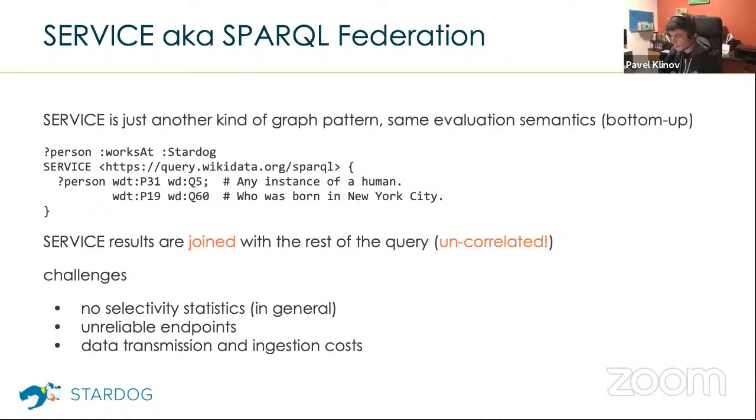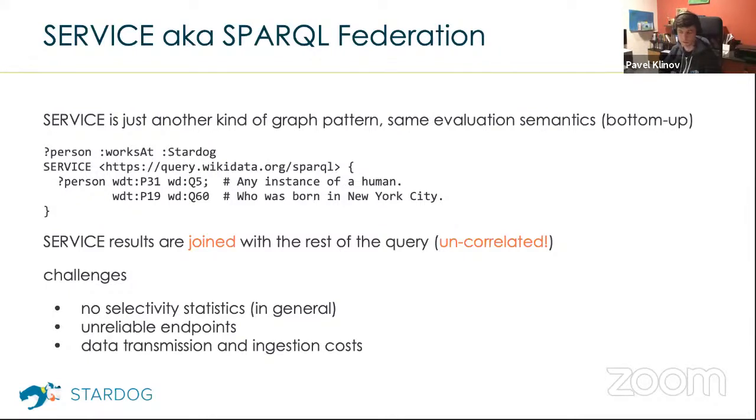in many cases. But what you need to remember when you have services and are thinking about performance of your queries is that they are just SPARQL patterns. So they are executed, and their results are joined with the rest of the query, just like any other pattern. But they do present some unique challenges. Namely, the query engine has no idea what kind of data is hidden behind that endpoint.